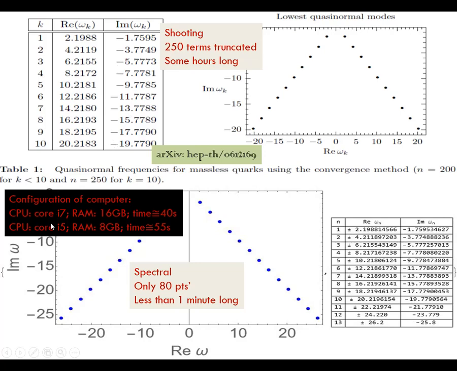But using the spectral method with only 80 points in less than 1 minute, I could find these 13 quasi-normal frequencies, 3 more than this, and with higher accuracy than the shooting method.